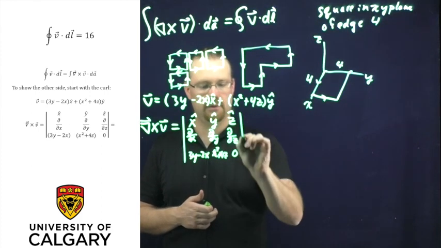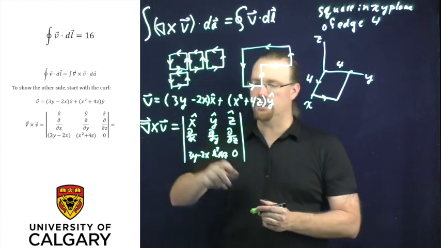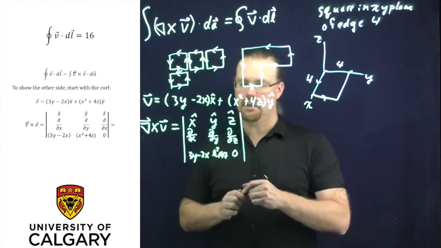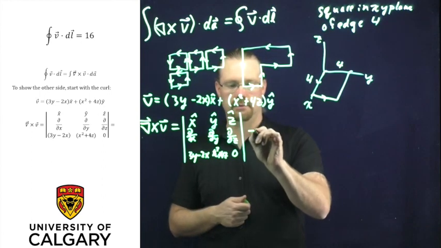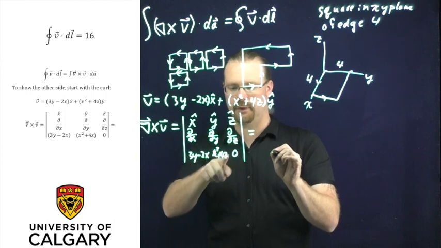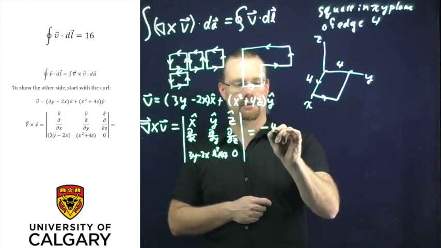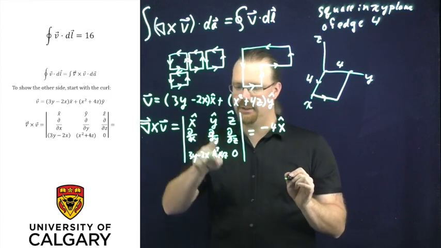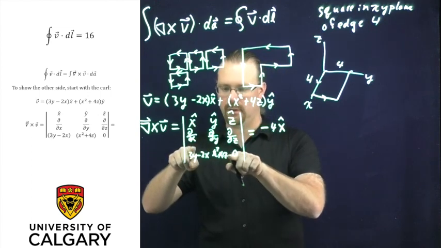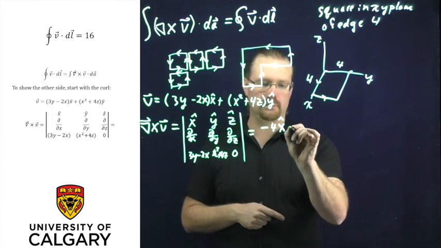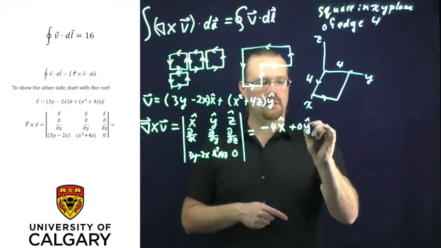And here we have 0. And we go through and take out our determinant, and we are left with 0 minus the derivative with respect to z, so minus 4x hat, and then negative 0 minus 0, so plus 0 y hat.